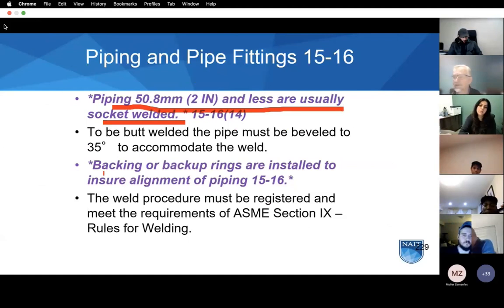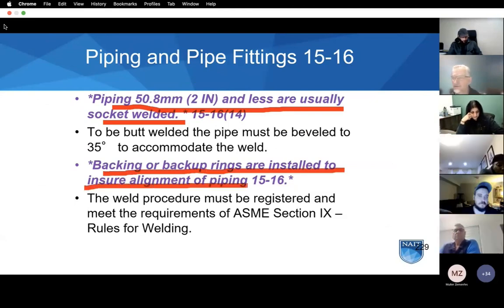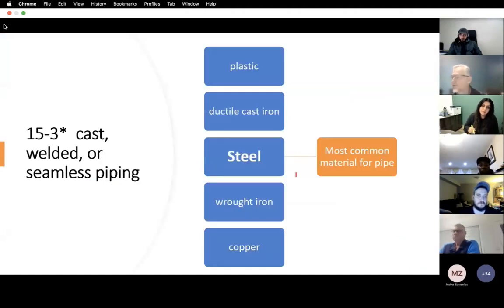When we're socket welding or welding piping together, we use something called backing or backup rings. They're just part of temporary installation to line the pipe up. We could be working on 12-inch or 24-inch or 48-inch piping. Welders could be working for days on one of the piping joints. So we need to make sure things are aligned.